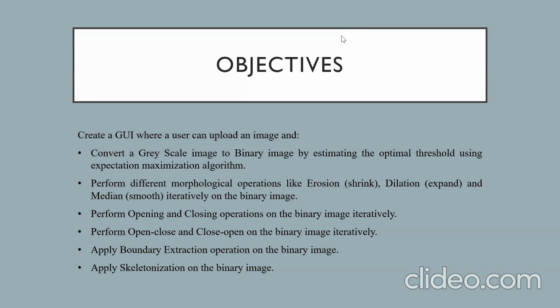We also have other operations like opening, closing, open-close, close-open, boundary extraction, and skeletonization on the binary image. These are all the operations we are going to deal with in our project.